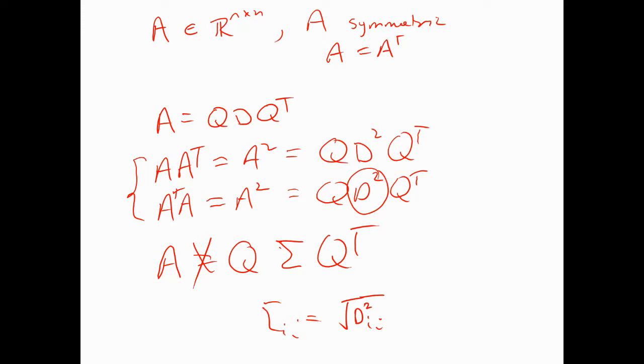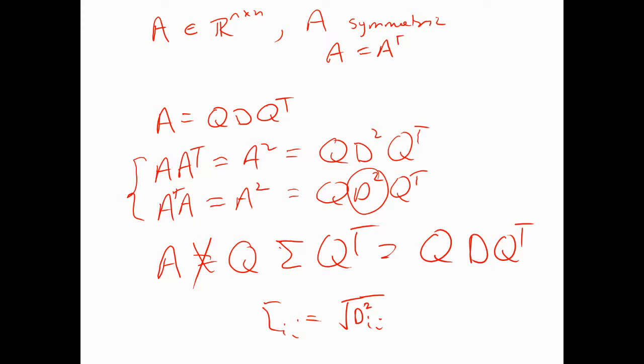Why? Because in general these two things won't be the same. They'll only be the same if D is a non-negative matrix. So the singular value decomposition and the eigen decomposition are only the same for positive semi-definite matrices.